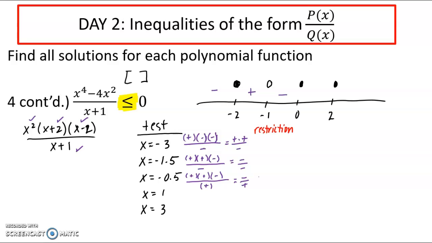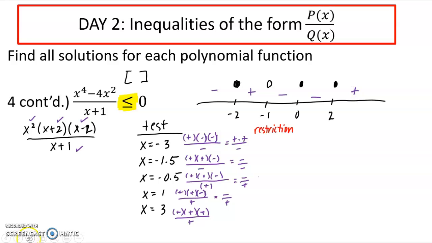Between 0 and 2, I picked x is equal to 1. So this would give me a positive, a negative, all divided by a positive. So that also gives me a negative divided by a positive, which would make that negative. And then lastly, at 3, that would give me a positive output. All of them will be positive. So my last interval will be positive.